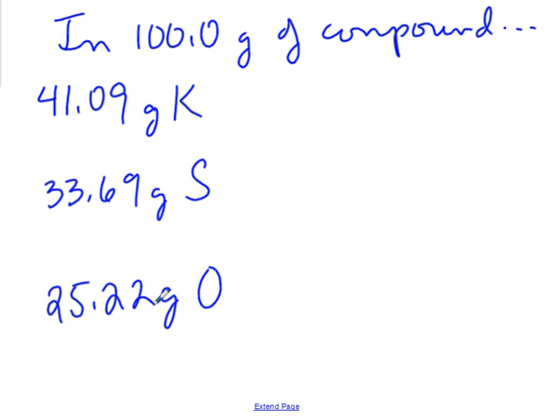All right, let's do something which should be, like I said earlier, almost a reflex, but maybe you don't know why we're doing it yet. We're going to convert all the grams to moles. Why would we do that? We're trying to find a formula, right? What is a formula? At its simplest level, it could be thought of as a ratio of atoms, right?